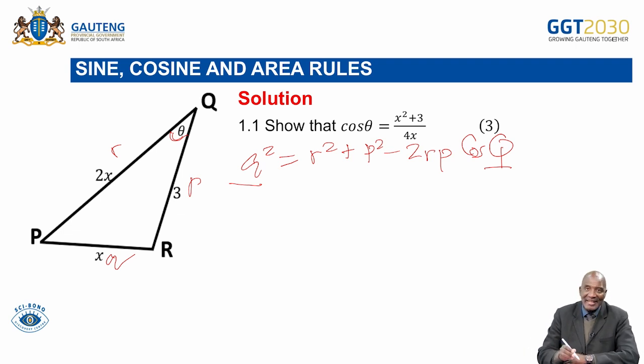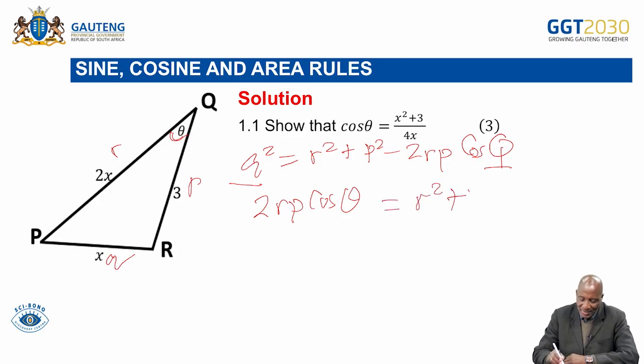Maybe we can rearrange this and say 2RP cos Q, moving it to the left hand side, equals R squared plus P squared minus Q squared. I'm rearranging because at the end of the day, I want to solve for cos theta. Having done that, I'm now going to replace. Where there is R, I put 2x. Where there is P, I put 3, and so on.